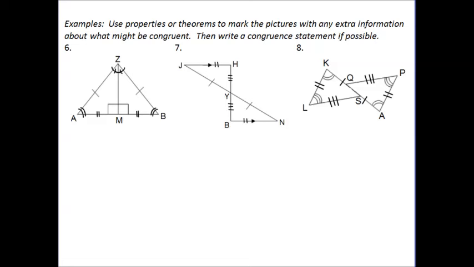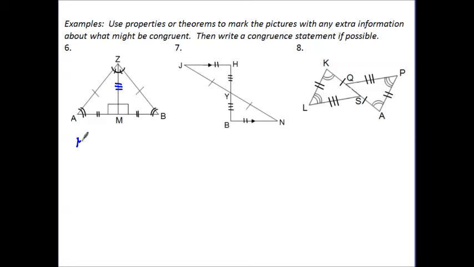We have no congruence mark for segment MZ, but if we look at it, we see that it's really, for both triangles, the same segment, so we can mark it congruent following the reflexive property.